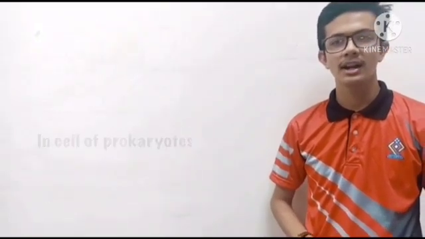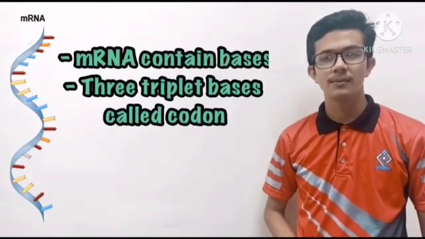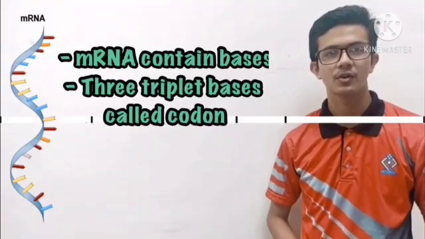Then, mRNA is transported out to the ribosome. mRNA contains bases, and a sequence of triplet bases is called a codon.